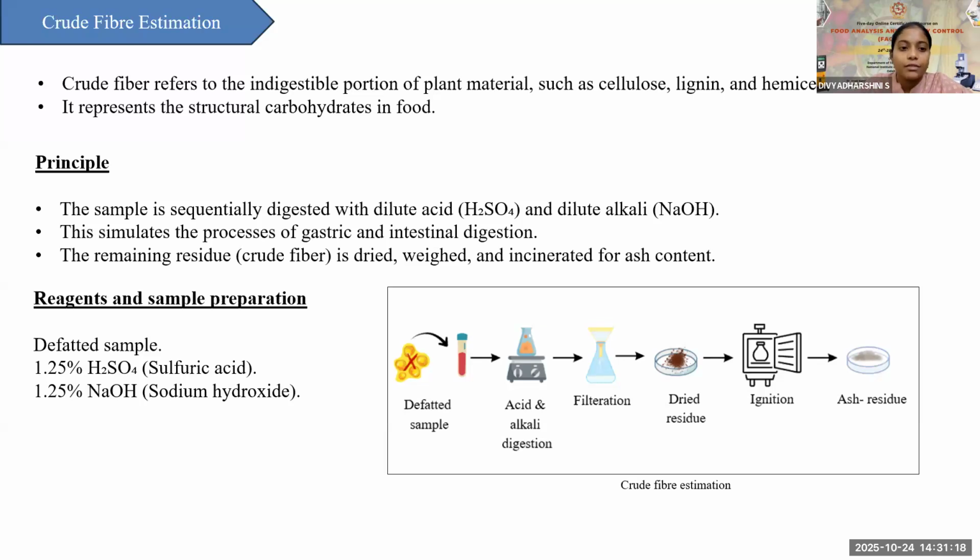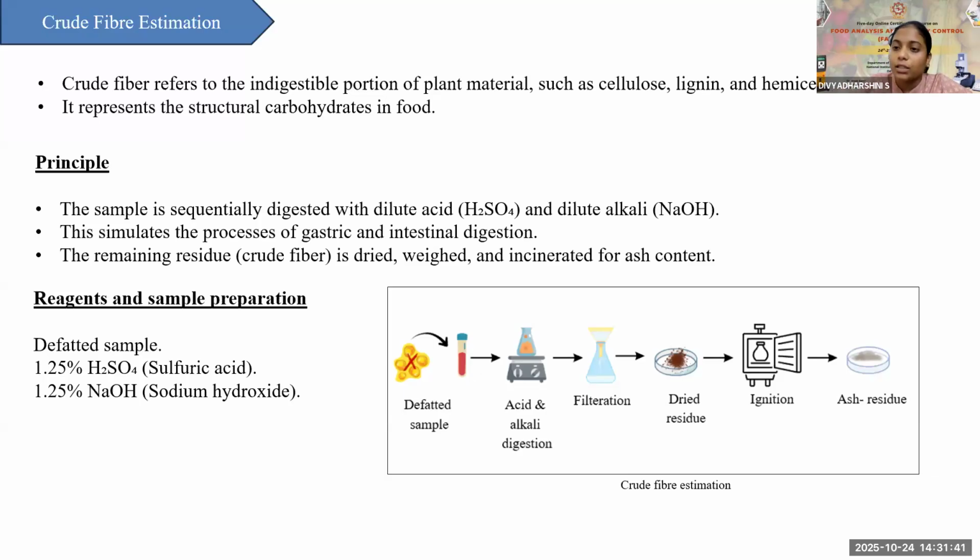Let me explain the reagents first, then the principle. We need a defatted sample. We can also use the defatted sample from the Soxhlet: recover it from the thimble and use it for crude fiber estimation if the sample is similar.